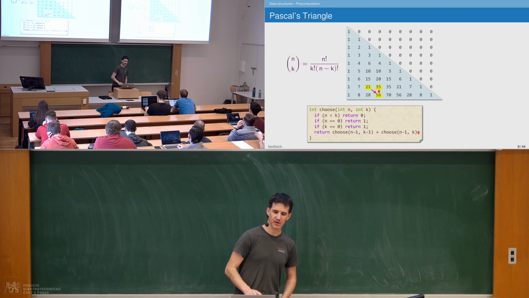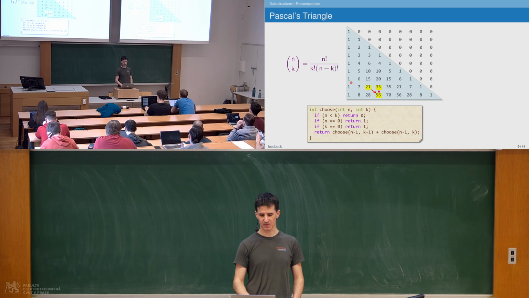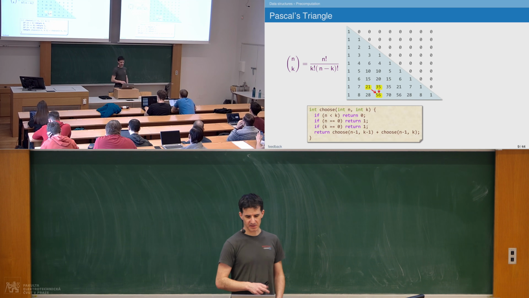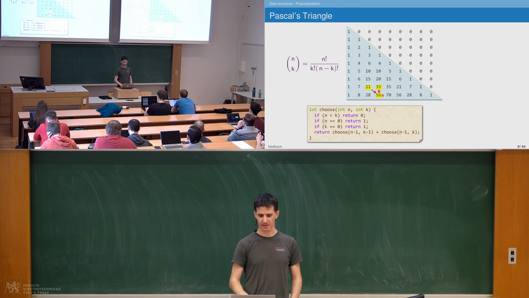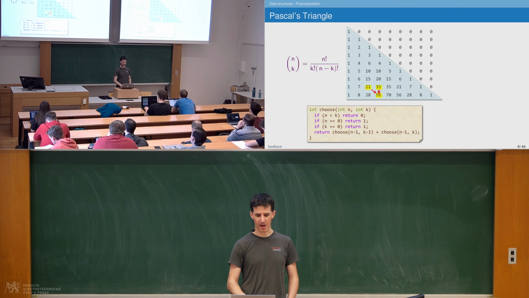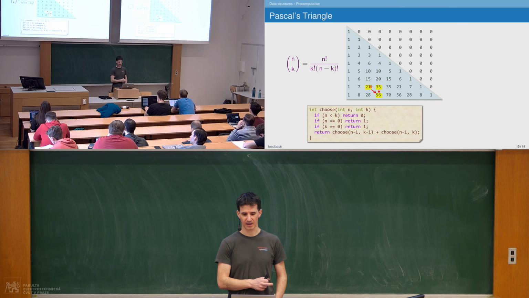So graphically, this can be represented like this. This is the value of n. This is the value for k. And if you are calculating this value for this n and k, you can do it by summing the value one row up and one row up and left.